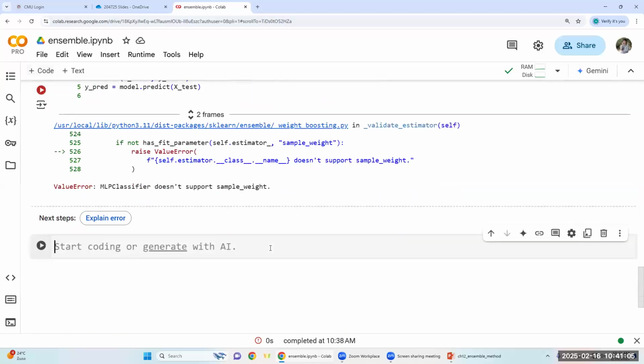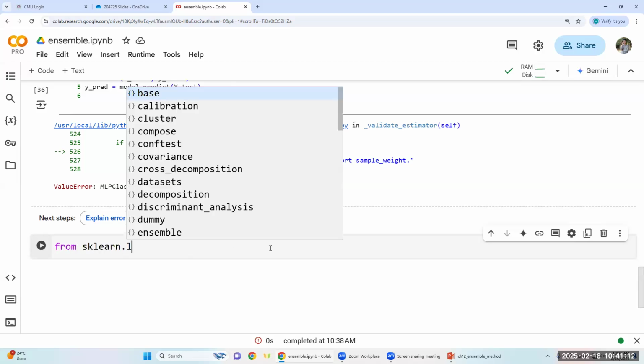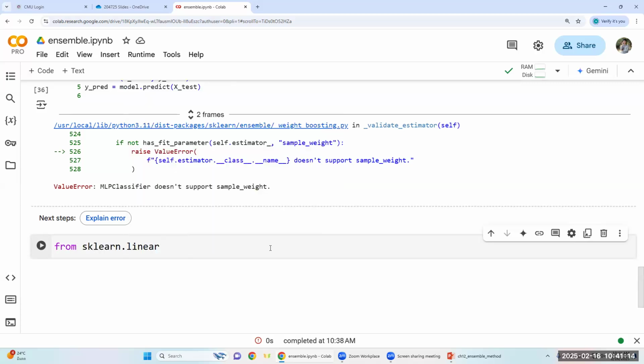So what if we use SVC? We haven't used SVC for a while. From sklearn.svm import SVC. This is called SVC, this is linear.